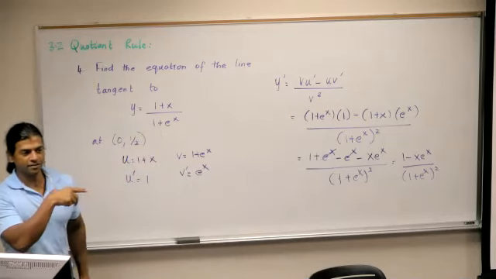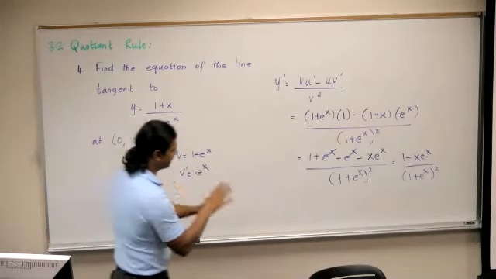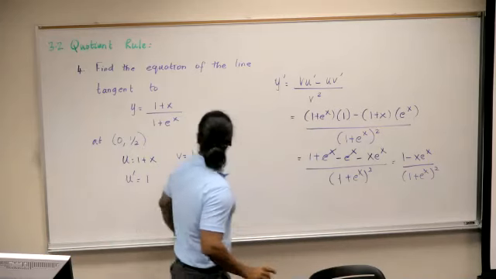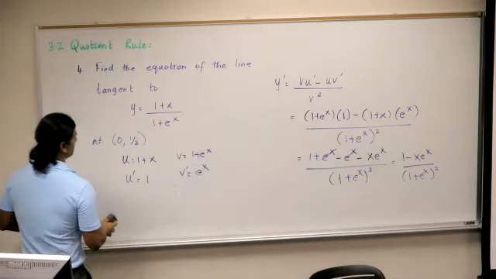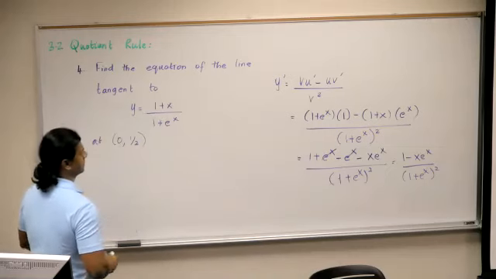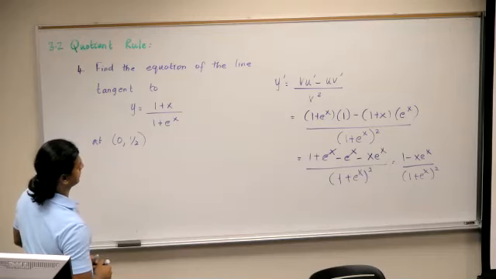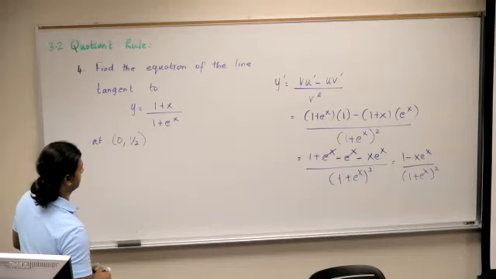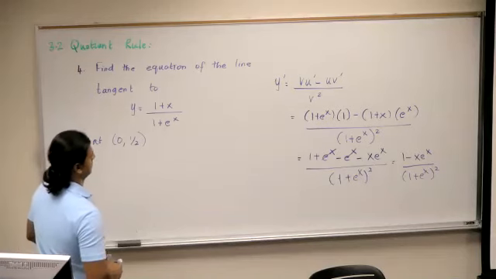Should we follow the denominator? No, it's not necessary. I'm just saying, personally, what I did is I canceled out one of the 1 plus e raised x with one of them inside the parentheses, leaving me with e raised x minus x times e raised x over 1 plus e raised x. Would that be incorrect?